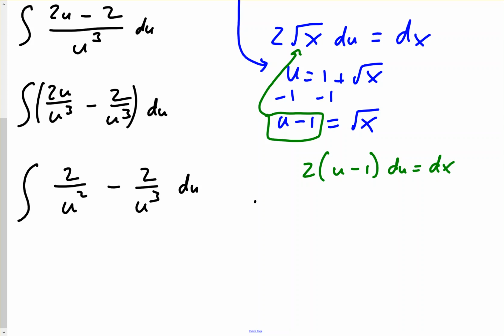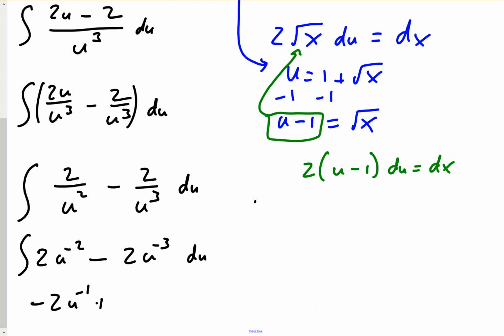Okay, so when we go to integrate it, very easy to integrate. You have here 2u to negative 2 minus 2u to negative 3 du. So that means when you add a power, you get u to negative 1 divided by negative 1. So this becomes negative 2u to negative 1.